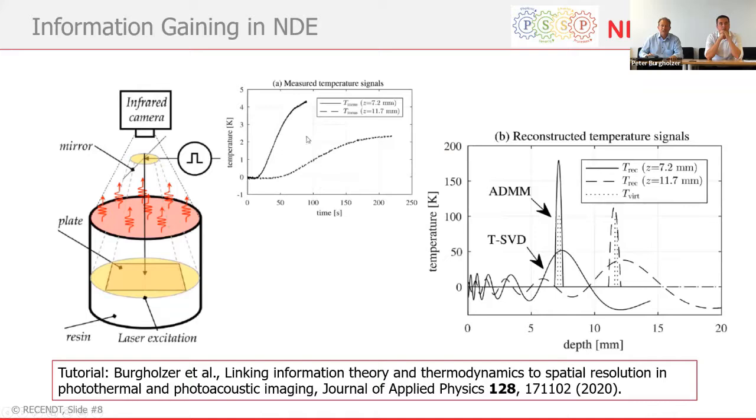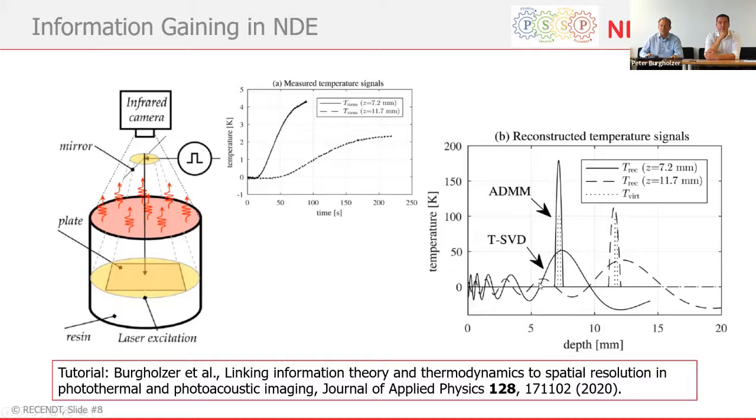And when you measure the surface temperature, you get something like that. So for a depth of 7 millimeters approximately, you get this. For a depth of 11 millimeters, you get this temperature evolution. And from that temperature evolution, you can calculate the so-called virtual wave. Here I have shown two different methods.